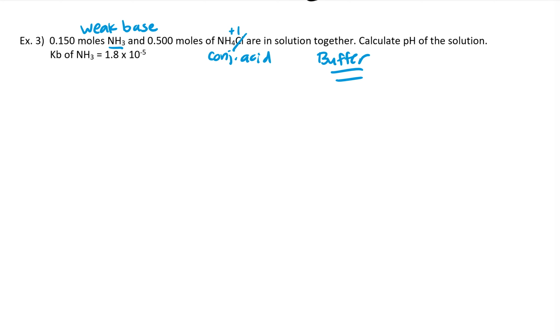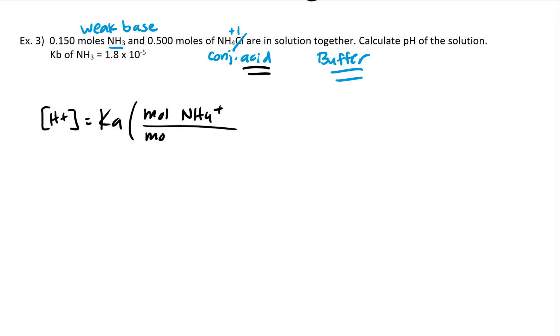And the one formula I want you to follow for a buffer solution is H plus is equal to Ka times the moles of weak acid over the moles of the conjugate base. So the acid in this buffer is NH4, and our base is NH3.